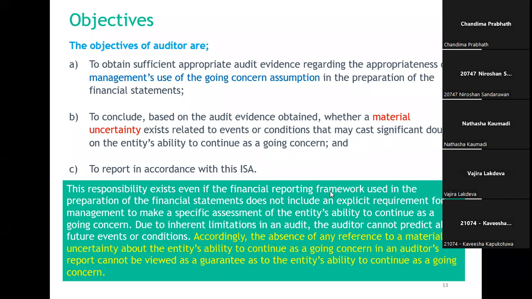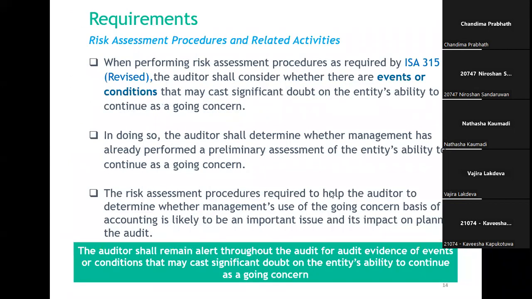IAS 1, right? Now, in the same way, you have to do the risk assessment procedures and related activities for the purpose of identifying risks of material misstatement. If you take Sri Lankan Airlines, definitely they would have identified the entity's ability to continue as a going concern.